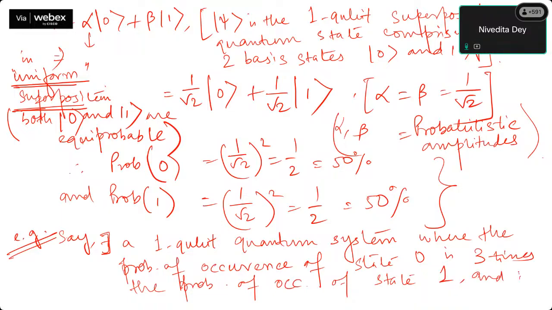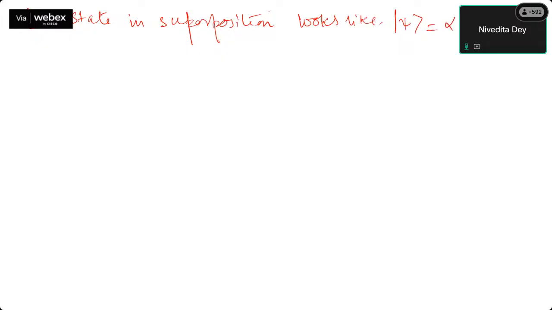And if the state in superposition looks like psi equals alpha 0 plus beta 1, calculate the values of alpha and beta.